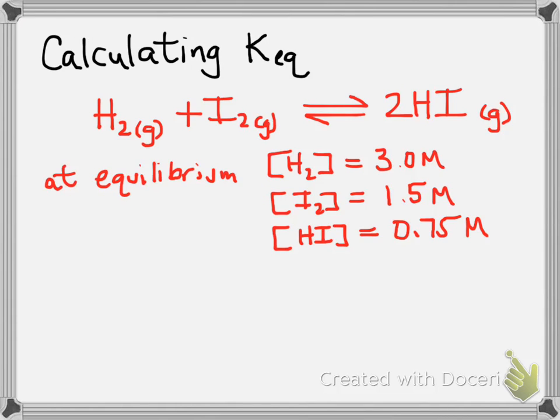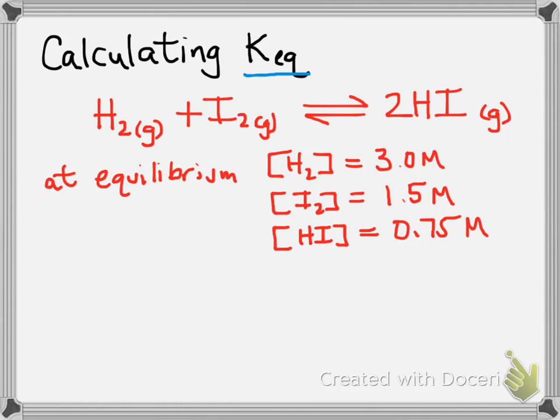We can also calculate the value of KEQ, that constant value. And so just for clarity, I'm going to use the exact same example that we just went over. So let's say that this equation at equilibrium has these concentrations. Hydrogen is 3 molar, iodine 1.5 molar, and hydrogen iodide 0.75 molar.